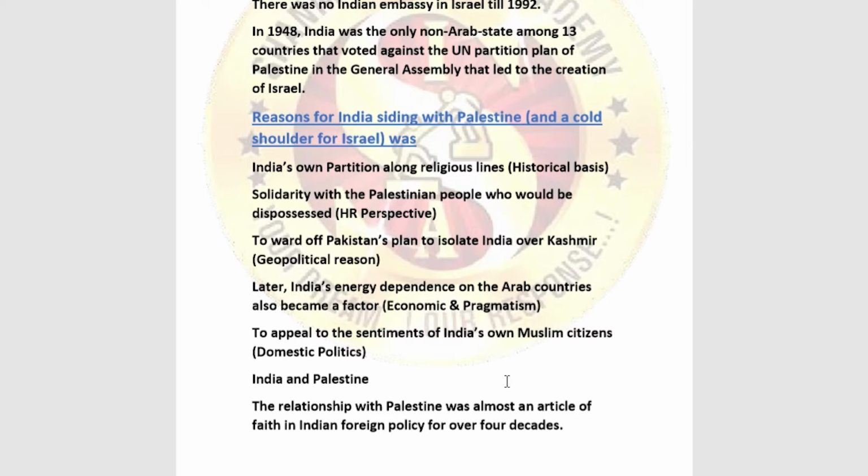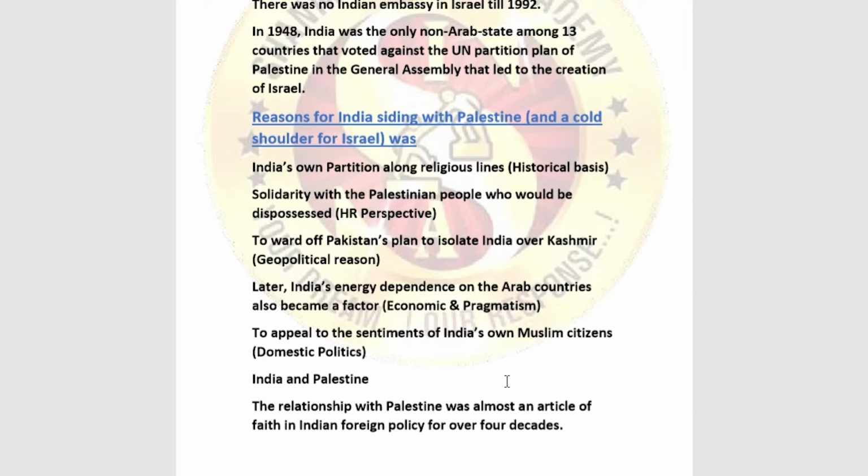That we'll study now. The reasons were India's own partition along religious lines, which we know as the historical basis of Pakistan and India; solidarity with the Palestinian people who would be dispossessed; and Pakistan's plan to isolate India over Kashmir, which we call the geopolitical reason.